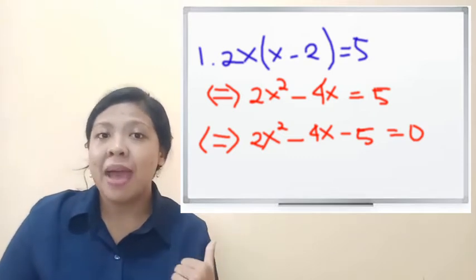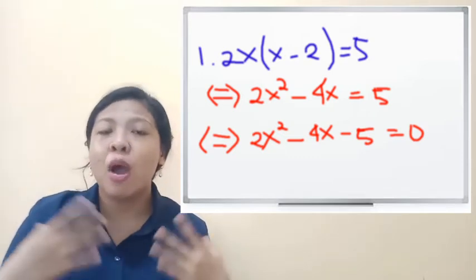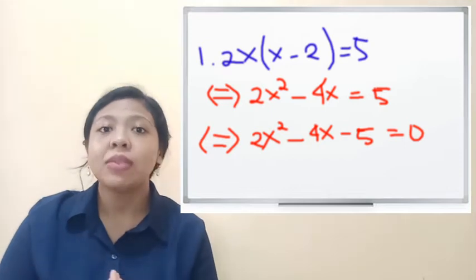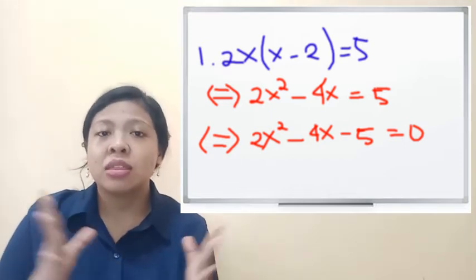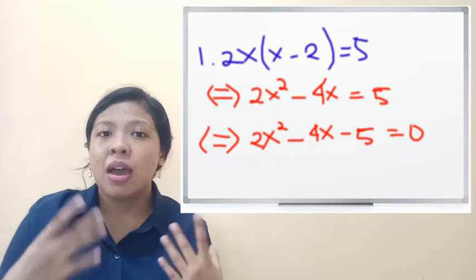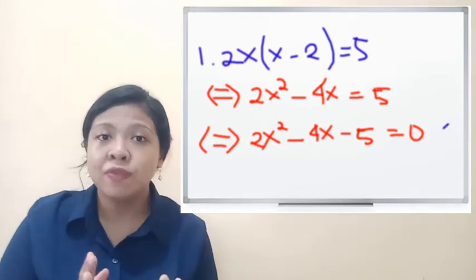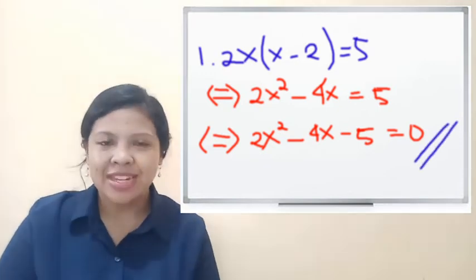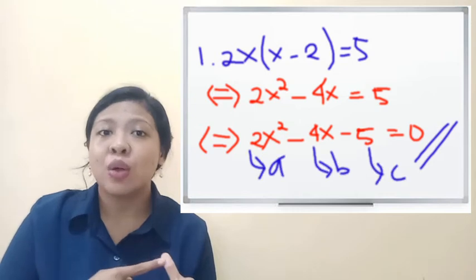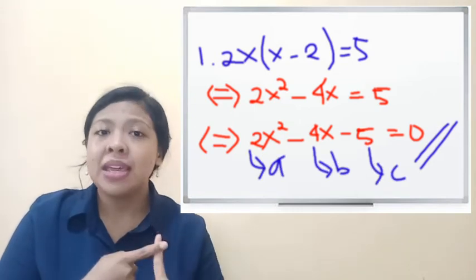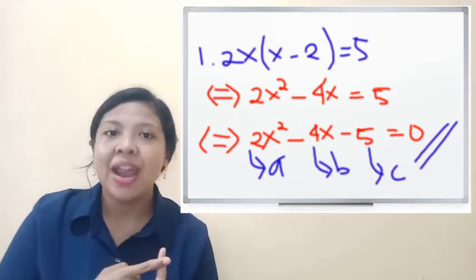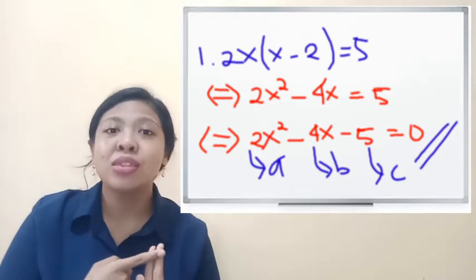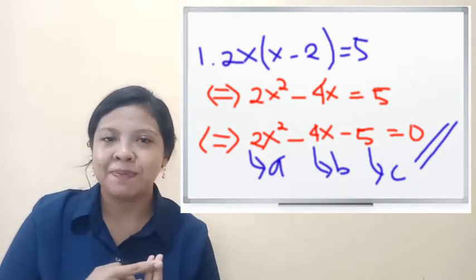So, let's look back at the standard form of a quadratic equation. It's already the same. So, we can conclude that it is a quadratic equation with a equal to 2, b equal to minus 4, and c equal to minus 5.